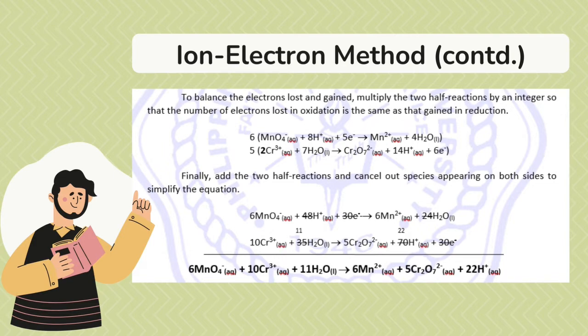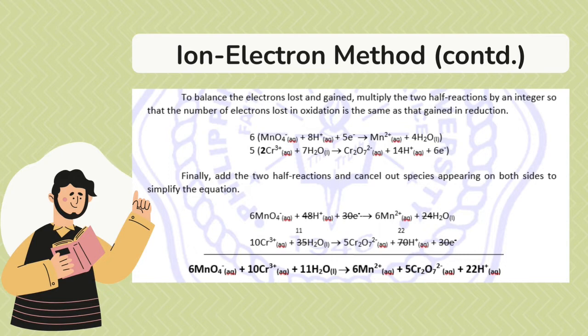So we have here 6 MnO4- aqueous plus 48 hydrogen ions aqueous plus 30 electrons produces 6 Mn2+ aqueous plus 24 H2O liquid.